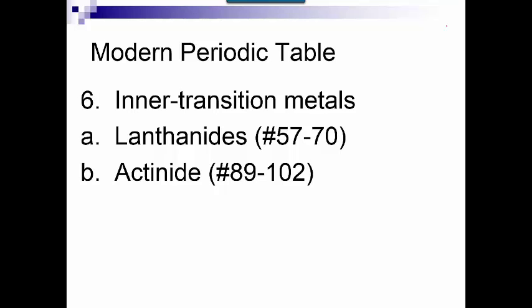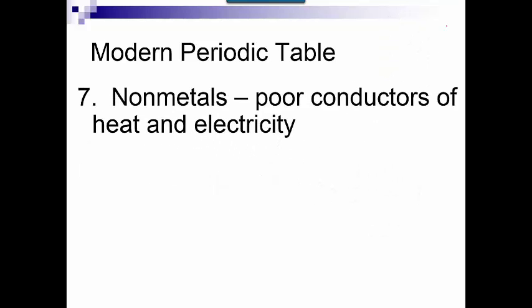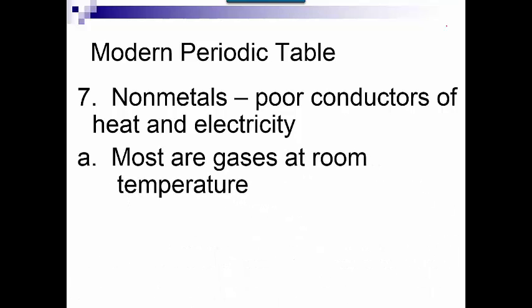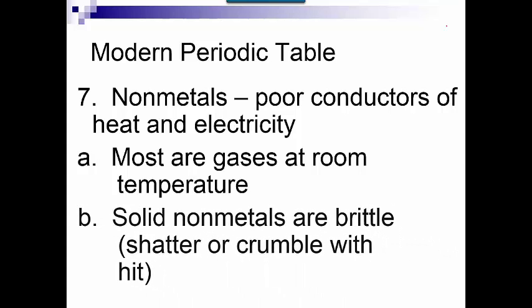We also have nonmetals. Nonmetals are pretty much the opposite. They are very poor conductors of heat and electricity. Normally they are gases at room temperature. There are 3 or 4 that are solids and 1 liquid. The majority of them are gases.